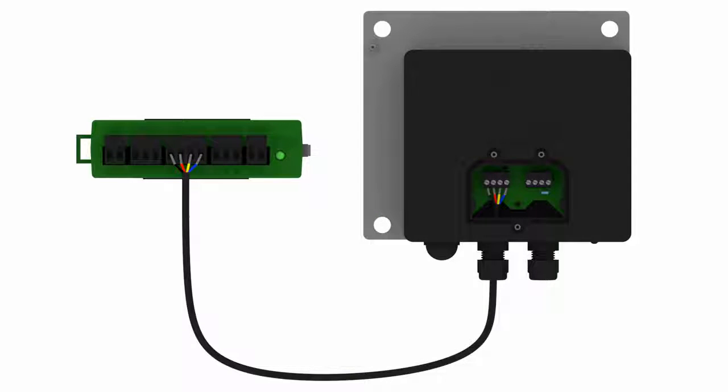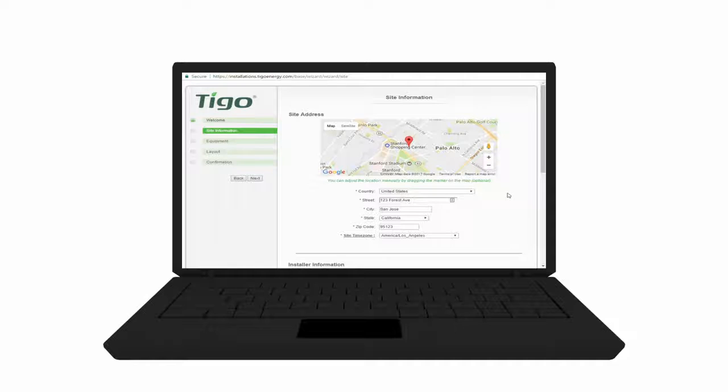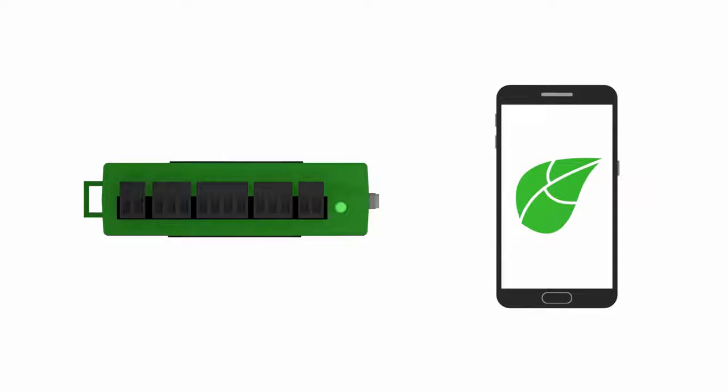Connect the gateway to the Cloud Connect via RS-485 cable. Install the Cloud Connect in a convenient location near the inverter with access to AC power and internet. Configure the system online. Commission the system, test the network, and run discovery.